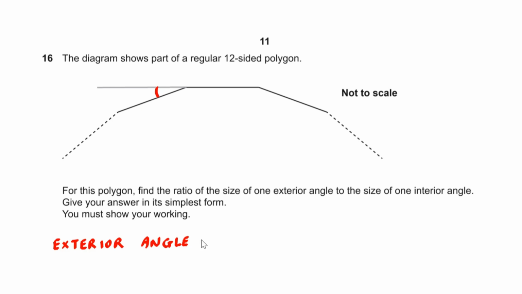The exterior angle is equal to 360 divided by 12 because we have 12 sides, and if we work this out, we get 30. So the exterior angle is 30 degrees.